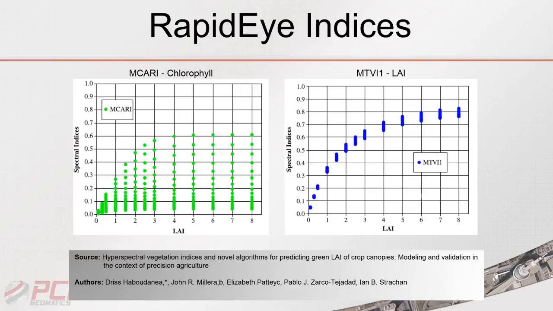So these particular formulas are, again, well suited because of the red edge band. They're leveraging the fact that that red edge band is there, and we're going to simply be performing some band math and applying those vegetation indices using Geomatica. There's a few different options available.